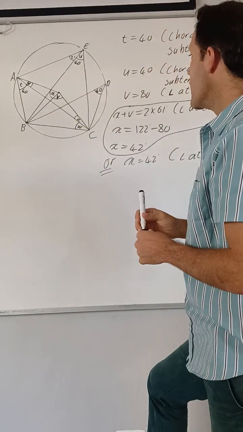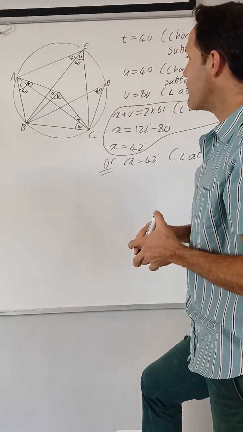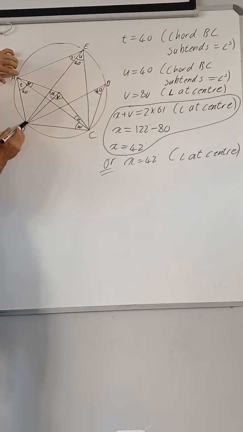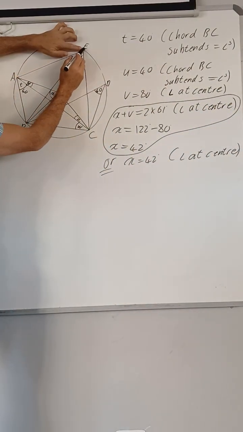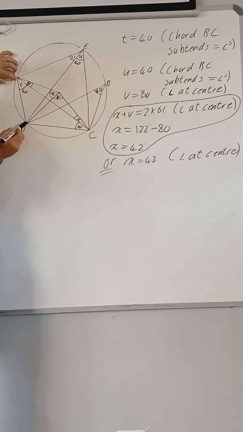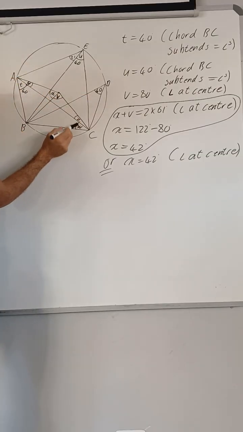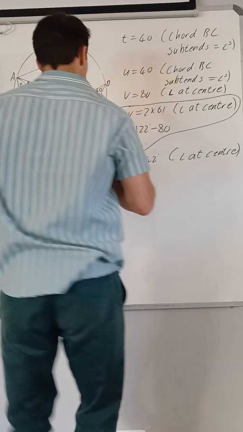Okay, now we go to W. Look carefully at W now. Chord AB goes this way, 21, chord AB goes that way. So W must be equal to 21.